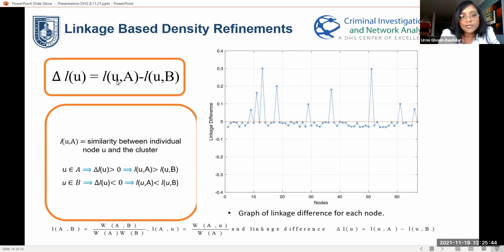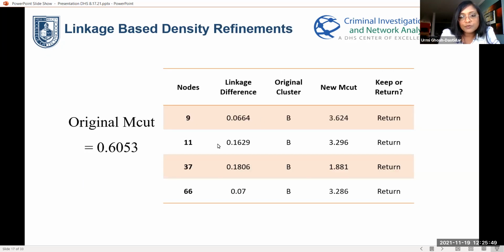So we thought maybe they have more similarity with cluster A. So we moved 9, 11, 37, and 66 to cluster A and recalculated the MCAT. But we got a higher MCAT, which means the move we made for each of these points is not a good move. So we returned them to the original cluster B. But then we thought, okay, why is this actually happening?